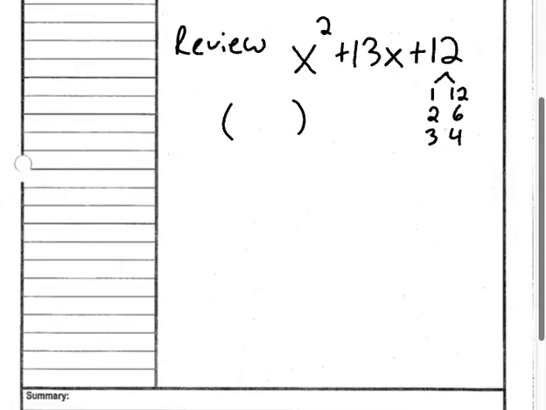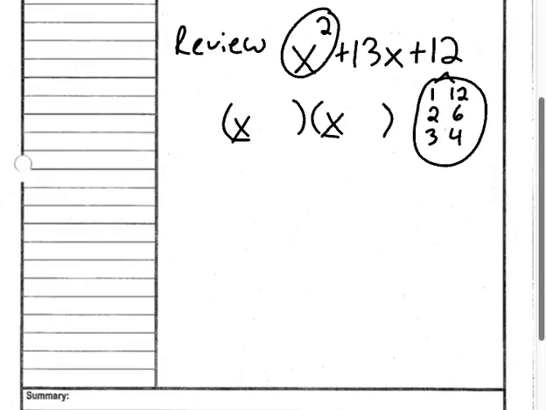So when we want to break this up into the two parentheses, what we're always looking for is these first two things to multiply to the x squared. That's what made this process so easy, because it was always x and x that multiplied to give us that x squared. And then we just have to look for that combination. Which one of these combinations also added to give us 13?